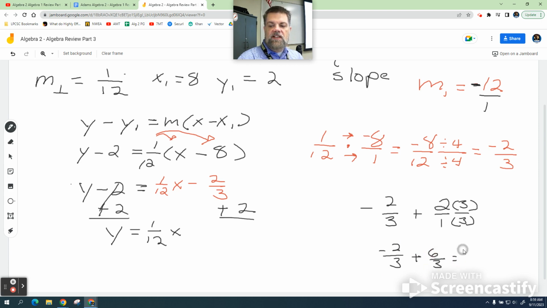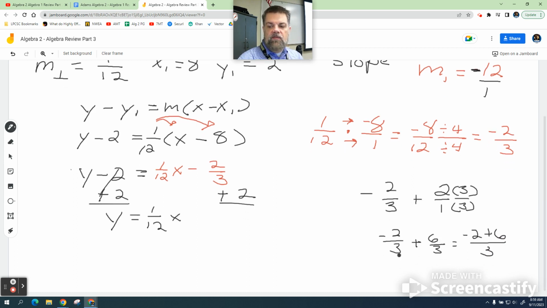And you could think of it like this, negative 2 plus 6 all over 3. Well, that ends up becoming negative 4 over 3, right? Or no, positive 4, right? Because 6 minus 2 is 4. So this whole thing is plus 4 thirds.